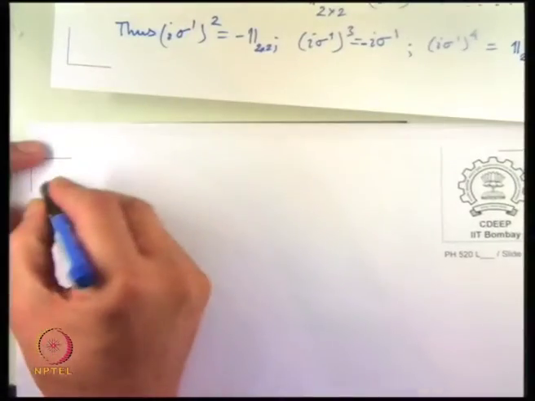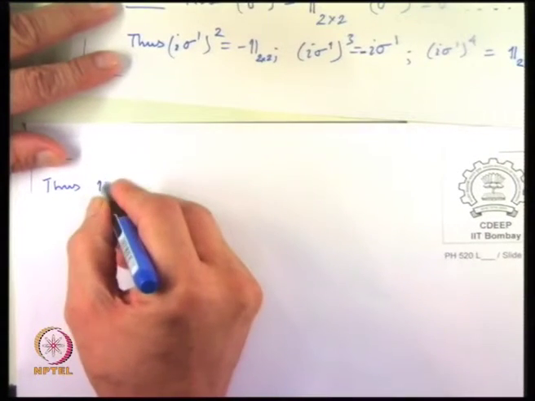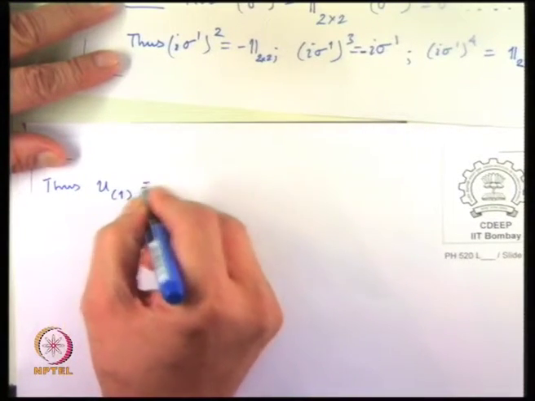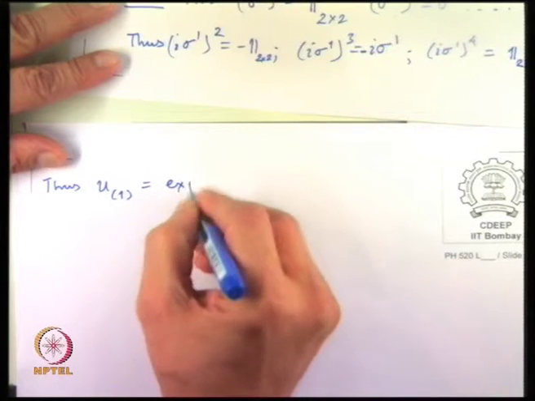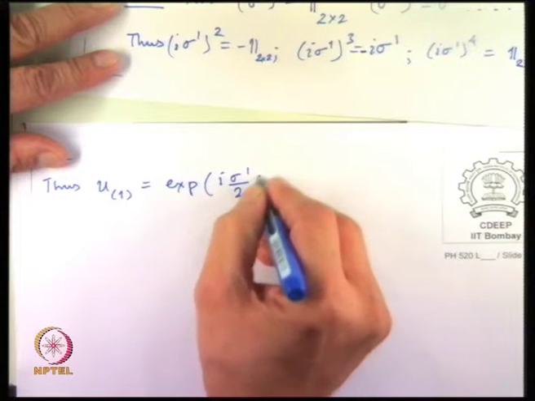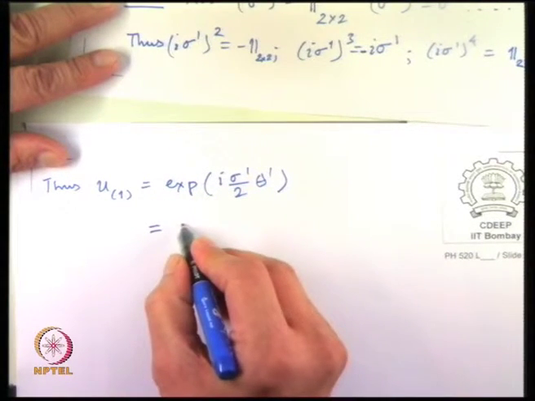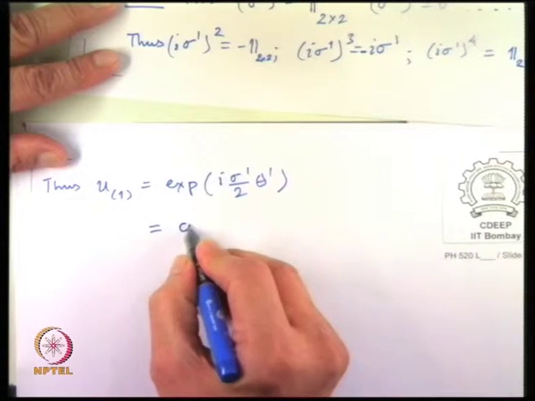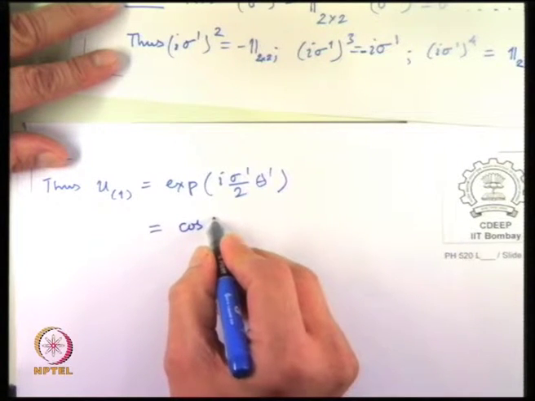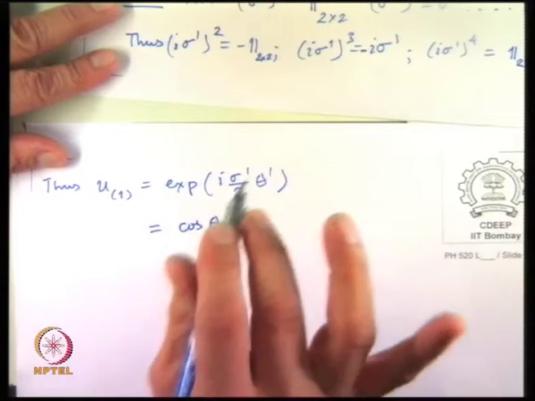So we get, now writing a very important formula, and I chose for some strange reason the parameter theta by 2.